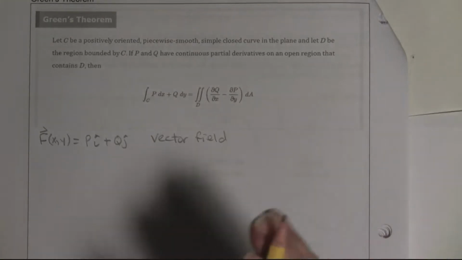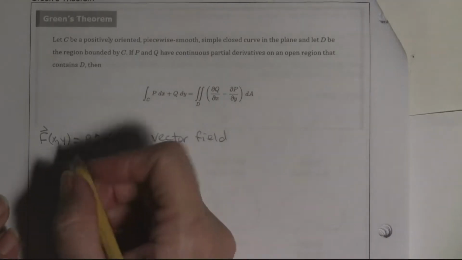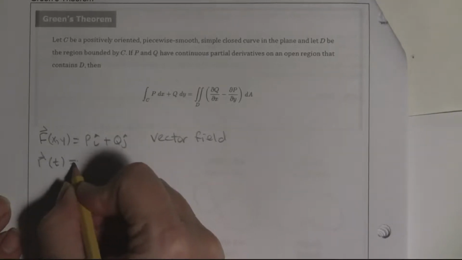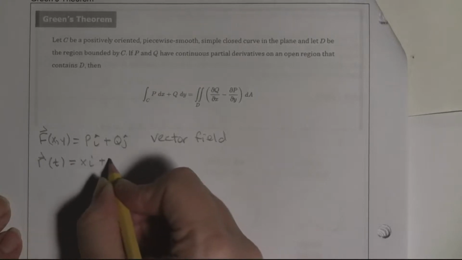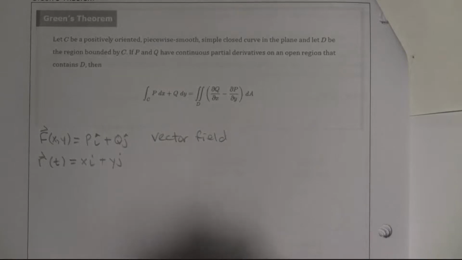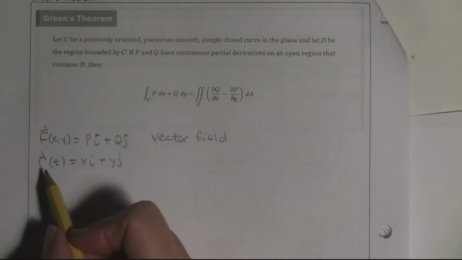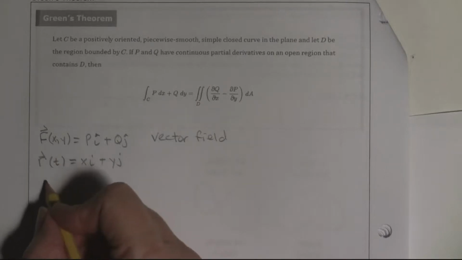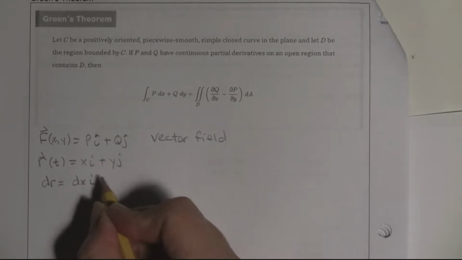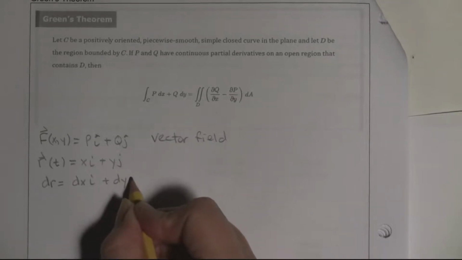And just thinking about what we had before, and then we had a vector here. This was something that we looked at on Thursday in class. If I take the derivative here, this is dr, and this would be dx i plus dy j.